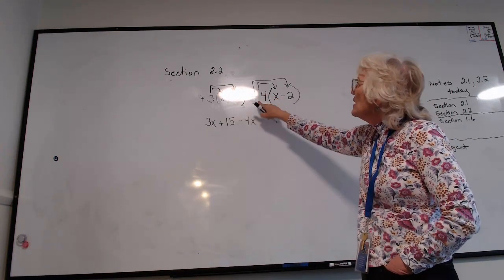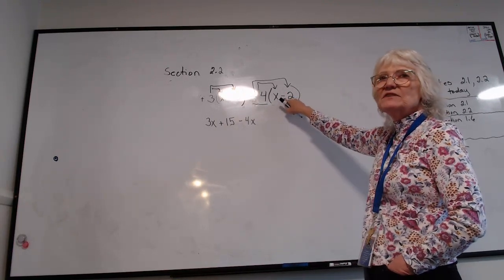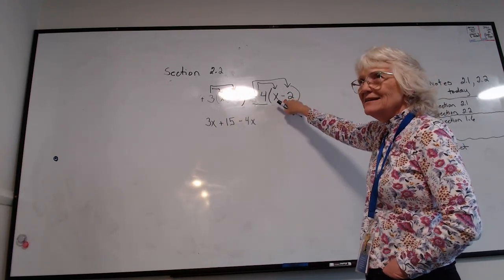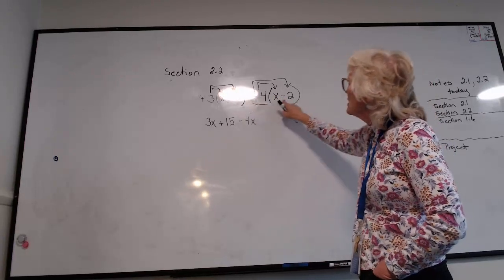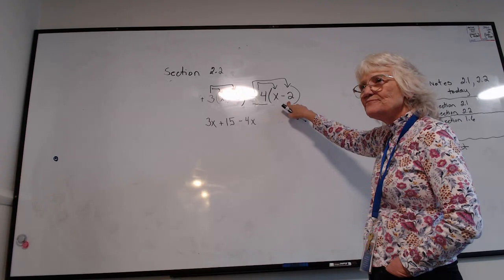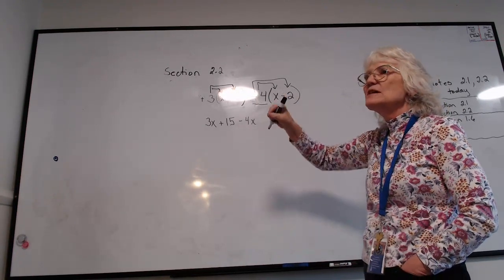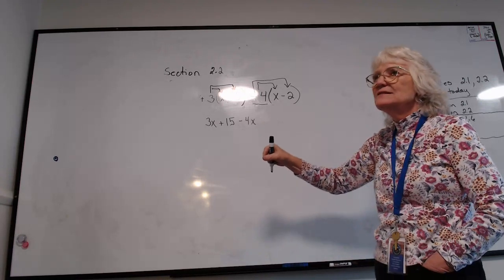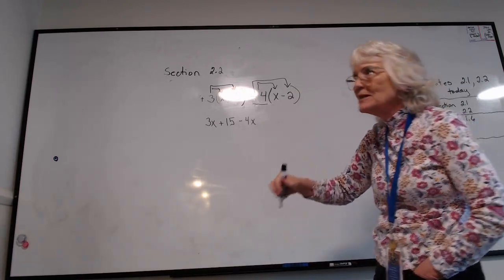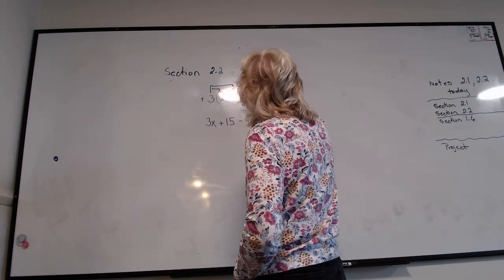Okay, so if I have -4 times -2, because we have to take that sign, Max, what do I get? Positive 8, because a negative times a negative is positive when I multiply, so it would be +8. So that's the tricky one.